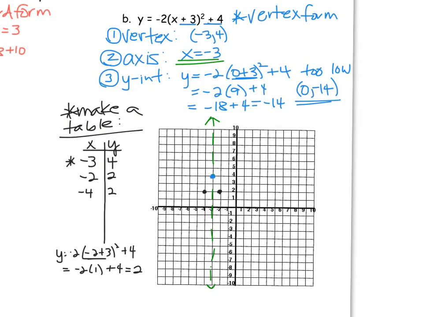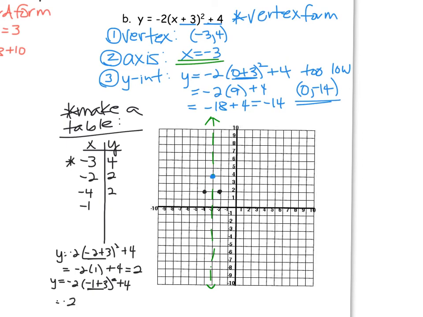Let's try another one. Let's plug in -1. So I'll just go 1 more to the right on the x-axis. If I plug in -1, we have -1 plus 3 on the inside. -1 plus 3 is 2, and 2 squared is 4.